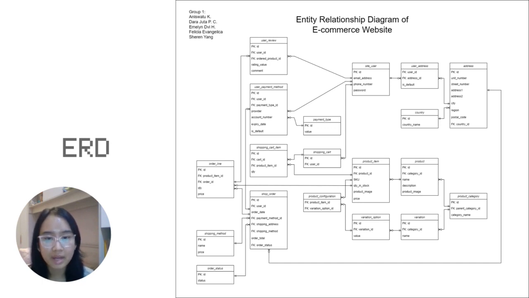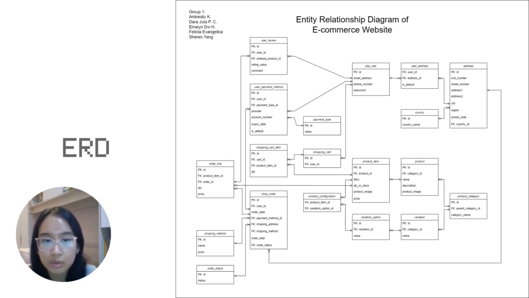It's many optional to mandatory one: an address specifically comes with one specific country, but a country can have many addresses. Example, in Indonesia there are of course multiple addresses as users in Indonesia are many, but one specific address has only one specific country. And then with shop order, it's mandatory one to optional many, because one address can have multiple orders, but one specific order can be ordered by many addresses, alias many users.